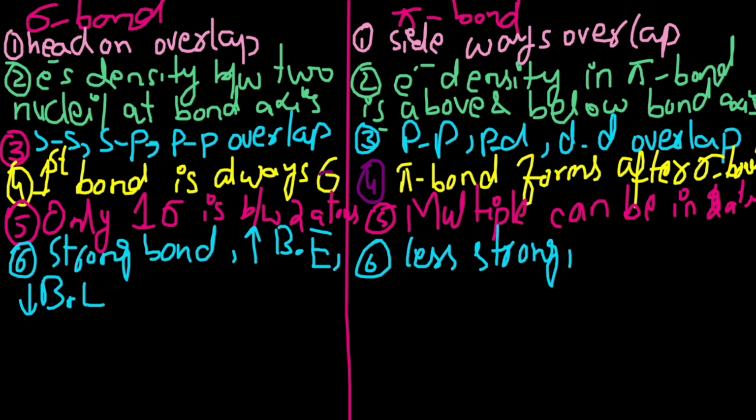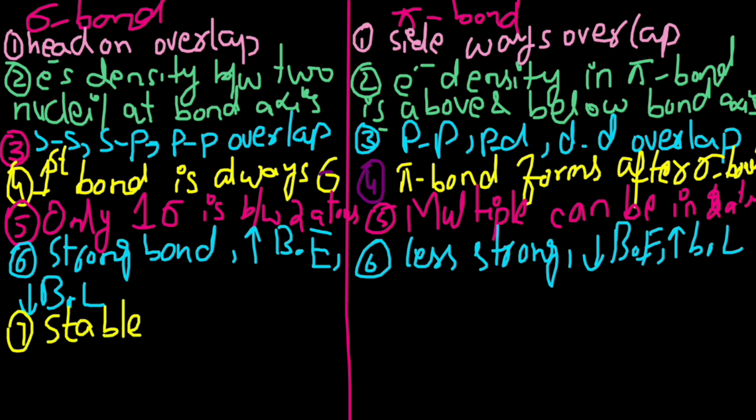Because of being less strong, it has less bond energy and greater bond length. Having the high bond energy in a sigma bond, it is a stable bond, while pi bond is comparatively less stable.